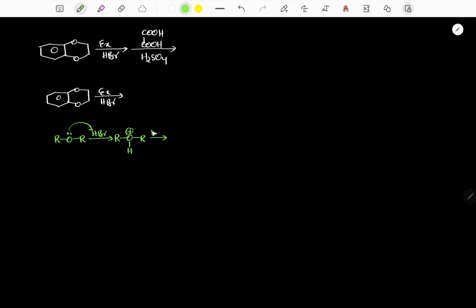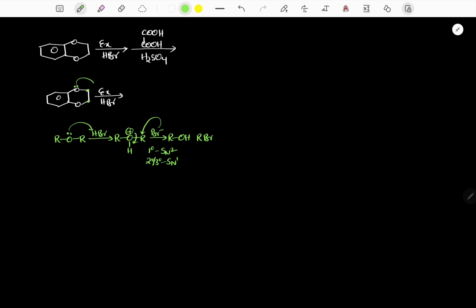Now it reacts with Br minus. So nucleophilic substitution takes place and the corresponding alcohol and alkyl bromide will form. For primary carbons an SN2 type of reaction takes place, for secondary and tertiary carbons an SN1 type of reaction takes place. Therefore here it is a primary carbon.